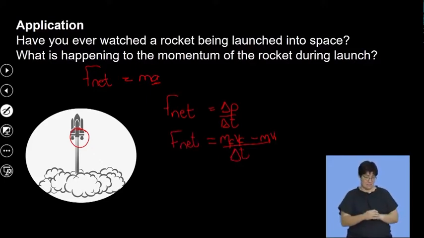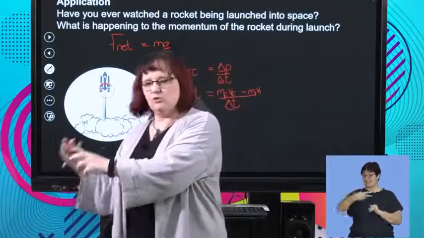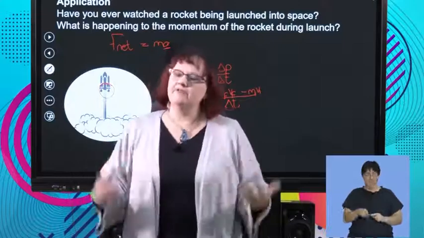And the whole point here is that this net force will remain constant. And as the mass gets smaller, the velocity can get bigger. So it helps it accelerate. So when an object like this has a changing mass, Newton's second law in terms of momentum becomes very useful.